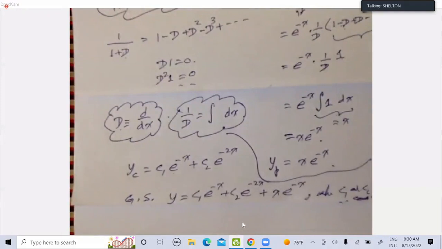That is one way of doing the particular solution when f alpha is equal to 0.